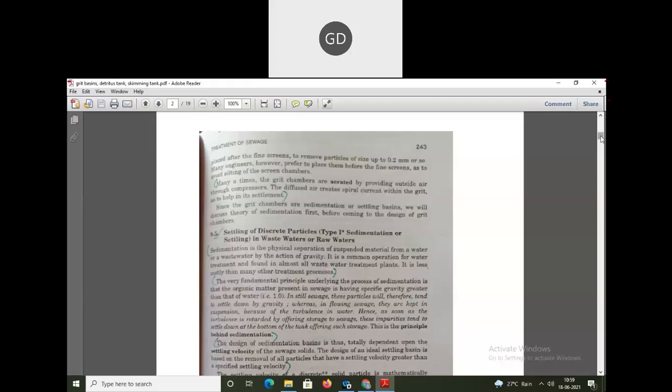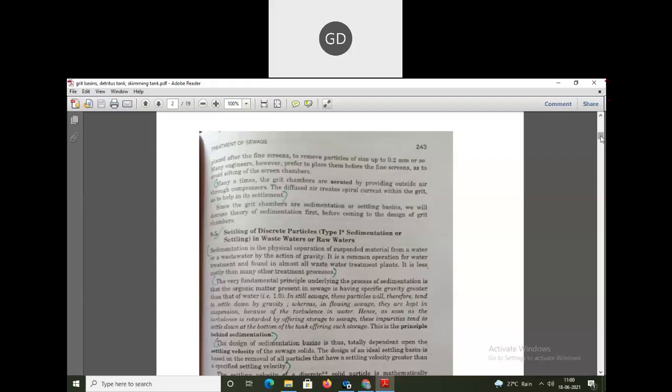But as soon as this turbulence is stopped or retarded, when you provide some storage to the sewage, then these impurities tend to settle down at the bottom of the tank. This is the main principle behind the sedimentation process.